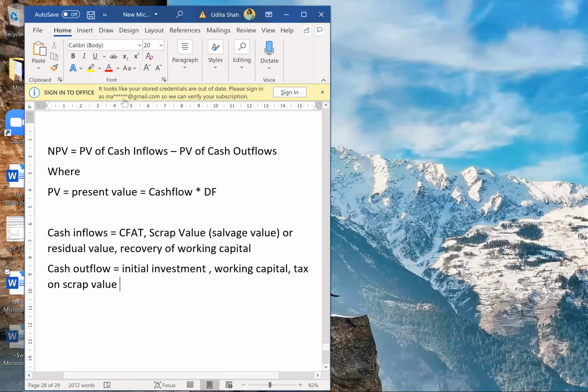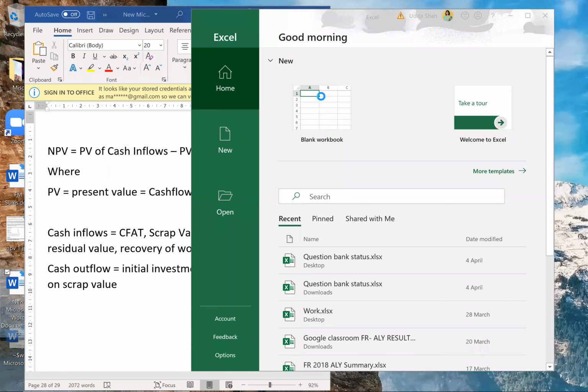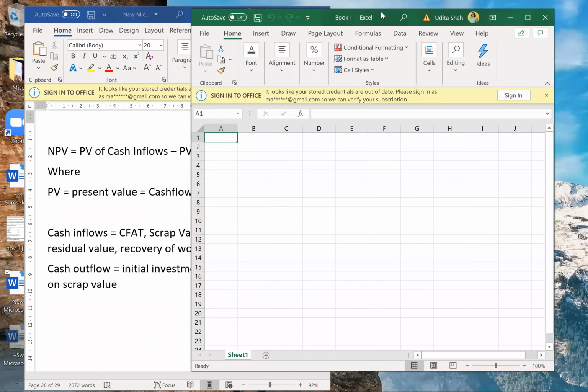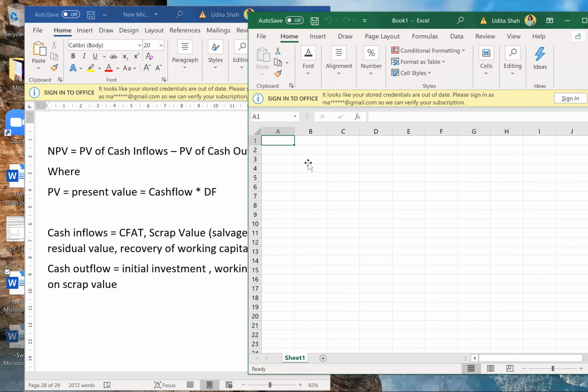So how did we do that? I'll just drop an Excel over here. So particulars, year 0, 1, 2, 3, 4, 5, 6, however many years they are given, we'll do that.